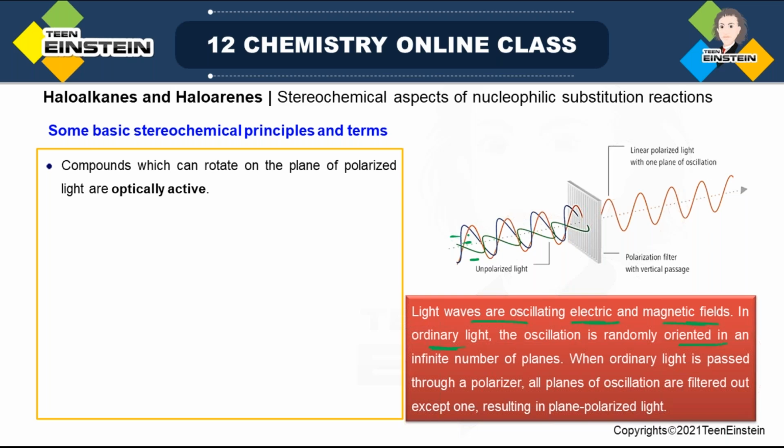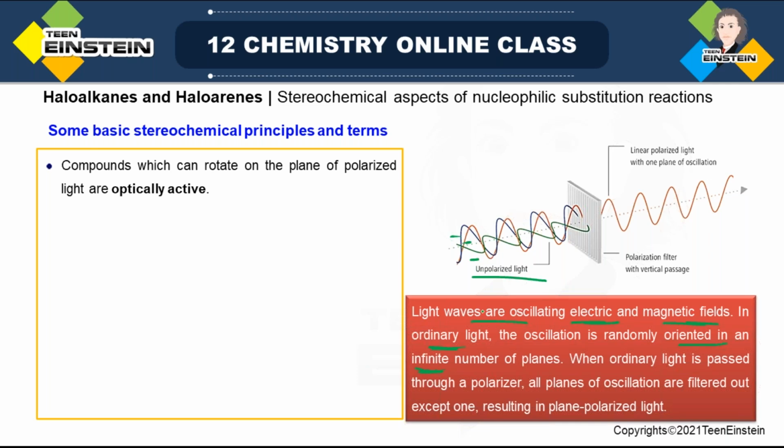So suppose you have three wavelengths, and it is not plane polarized light, it is unpolarized light, normal light, because it contains an infinite number of wavelengths having an infinite number of planes, but we cannot show you infinite, so that is why we have taken only three for simplicity.